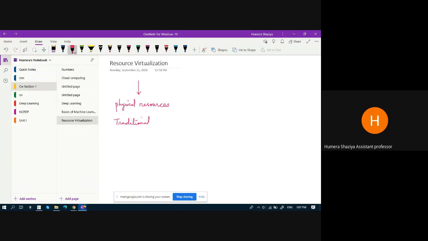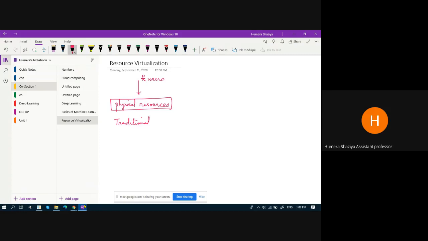In traditional computing, we have users here, and these users access the physical resources directly. If it is an individual machine, a desktop system, or a personal computer, at one time only one user will be accessing the physical resources.